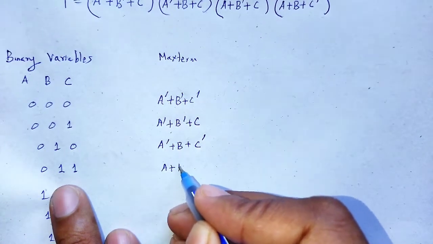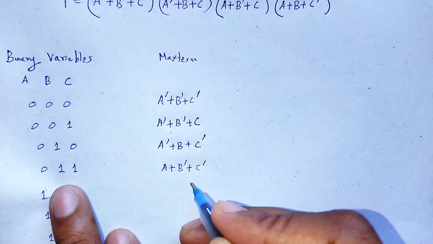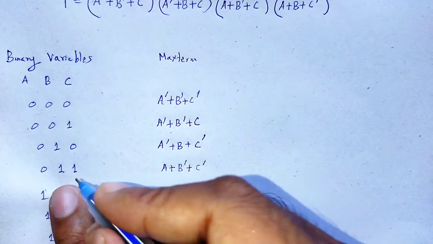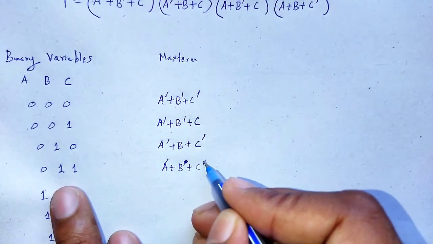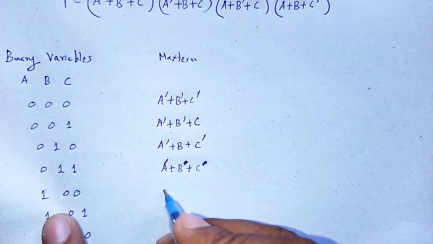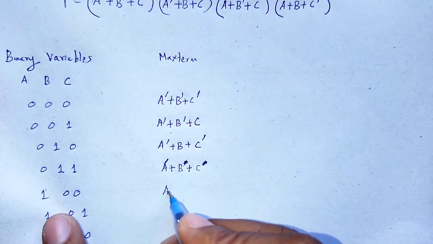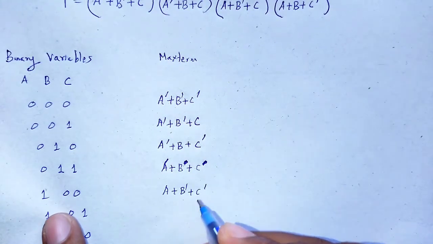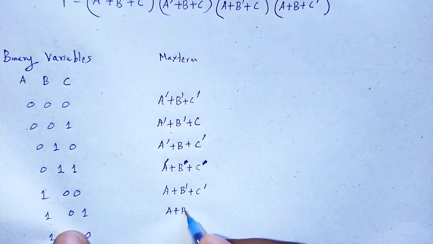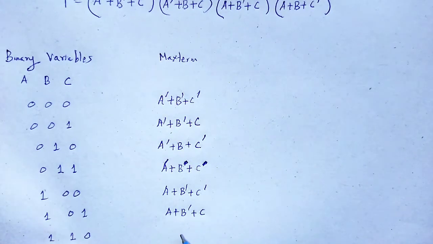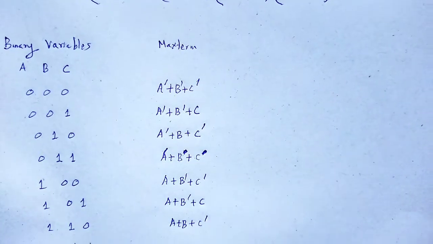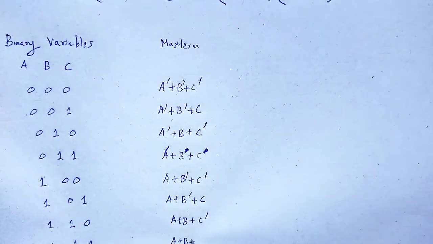Sorry, for 0 we write the barred variable; okay, for 1 we write the variable itself: a plus b bar plus c bar, a plus b bar plus c, a plus b plus c bar, a plus b plus c.